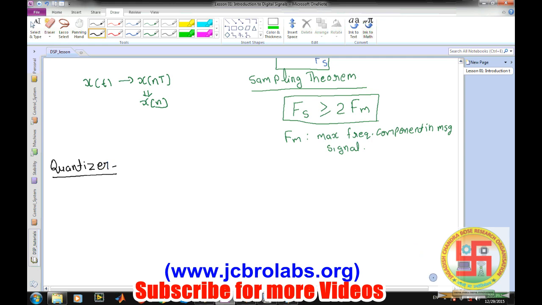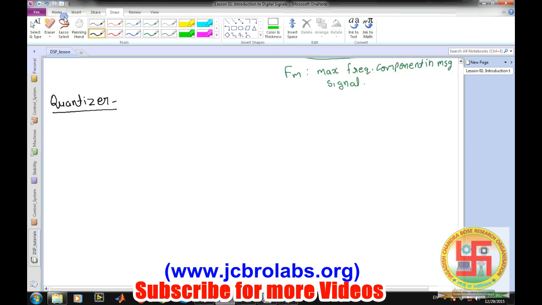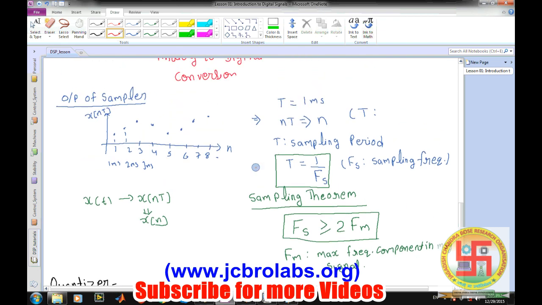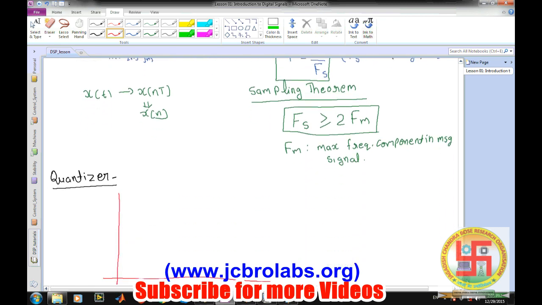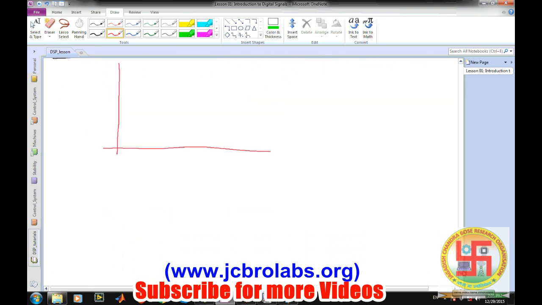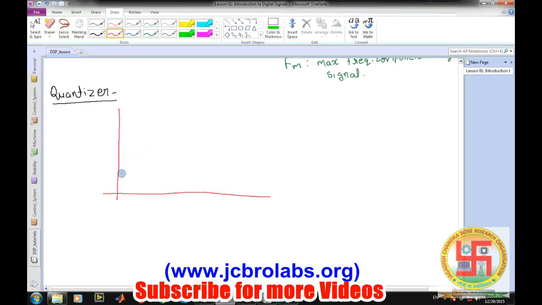So what exactly does the quantizer do? Right now, in the sampling stage, the amplitude can theoretically have any possible value, but we can't have that liberty when we are storing inside the computer.